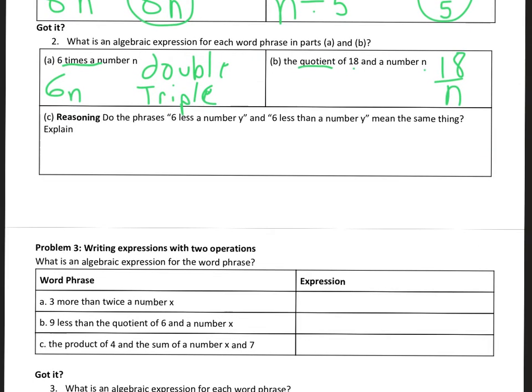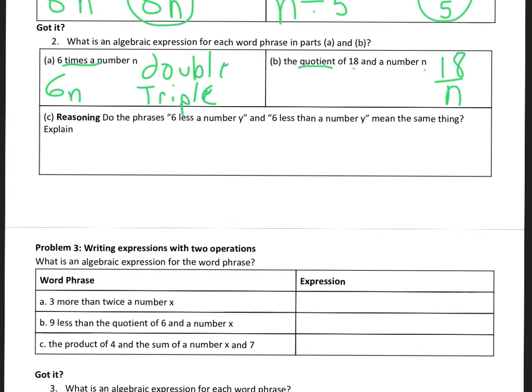Then the last one's an important one because I would ask you to explain, right? I'm not going to do a ton of writing with my explanation. I'm going to explain it in words, okay? So do the phrases 6 less a number y and 6 less than a number y mean the same thing? And that's a little tricky because you see the word less, you think, yeah, subtraction.